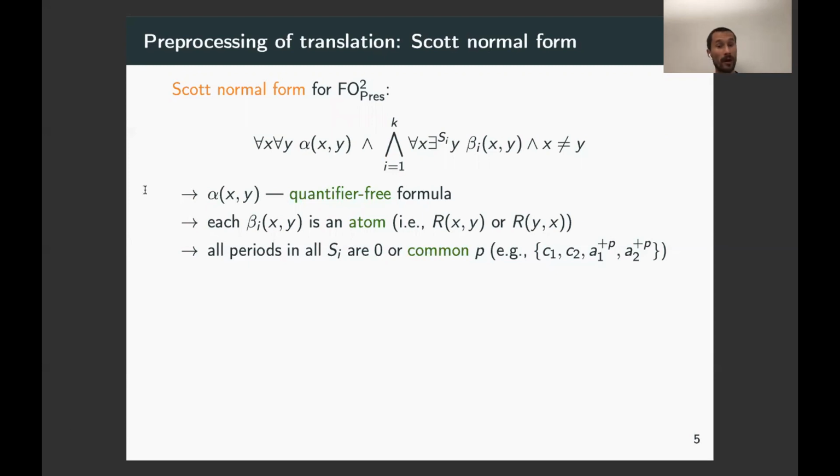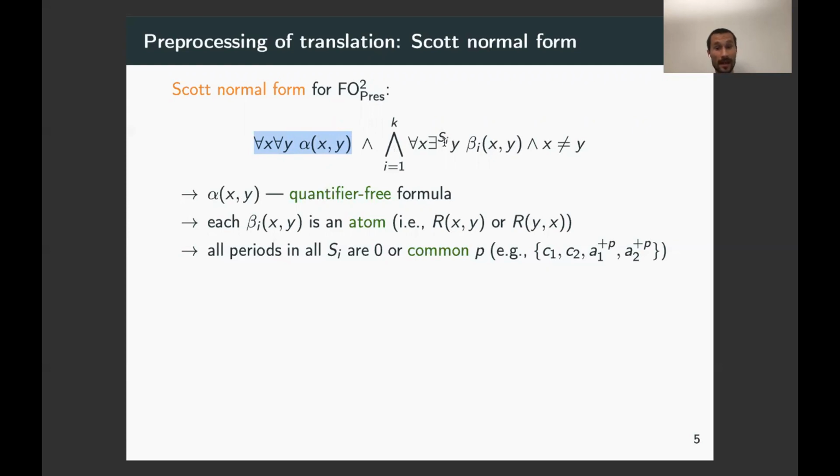Here a formula in our logic is in Scott normal form if it is of the following shape. Universal part: for all x for all y, alpha of x y, where alpha is a quantifier-free formula over x and y, so it may have a little structure inside, conjunction, disjunction, maybe even some unary component for just x or just y, but no quantification, and more complex conjunction of several components of this form.